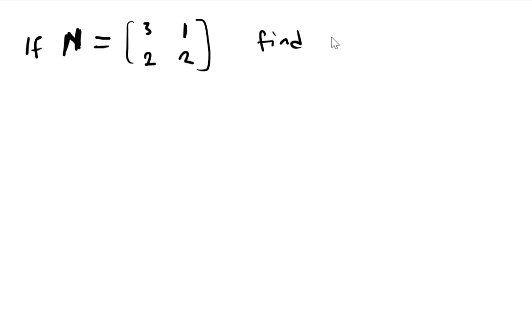Consider this question. If n is equal to the matrix 3, 1, 2, 2, we are asked to find the inverse of n.